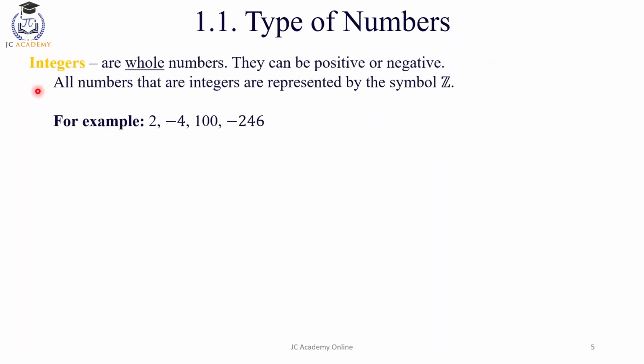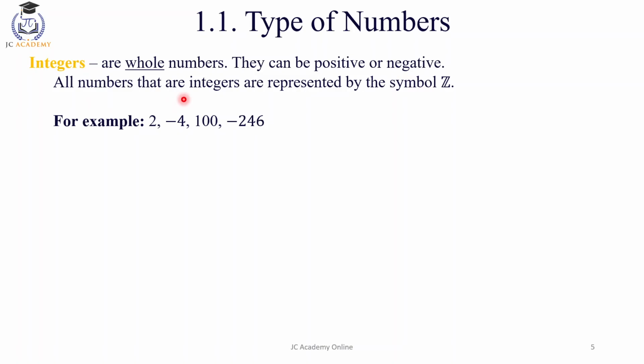Integers is another term that we need to familiarize ourselves with. It is a term that appears a lot within mathematics. So what is an integer? An integer is a whole number. An integer can be positive or negative.